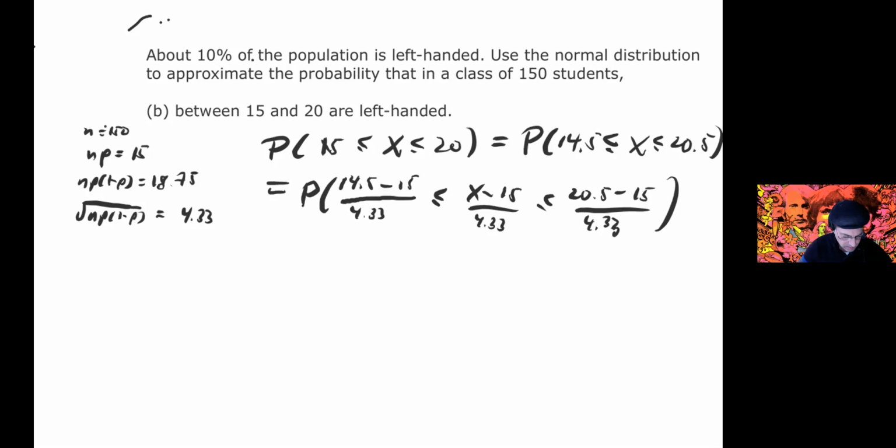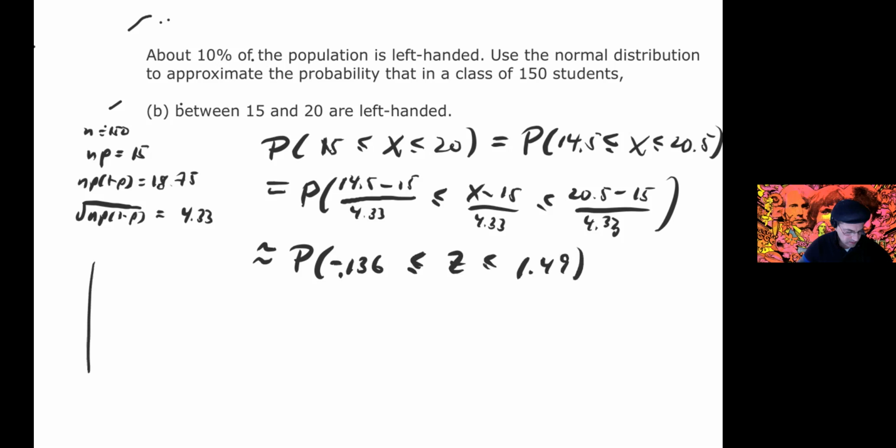And this is approximately equal to the probability that, well, we can compute the numbers here. The first number is negative 0.136, less than or equal to z, less than or equal to 1.49. So now this is the area under the standard normal curve between negative 0.136 and 1.49.